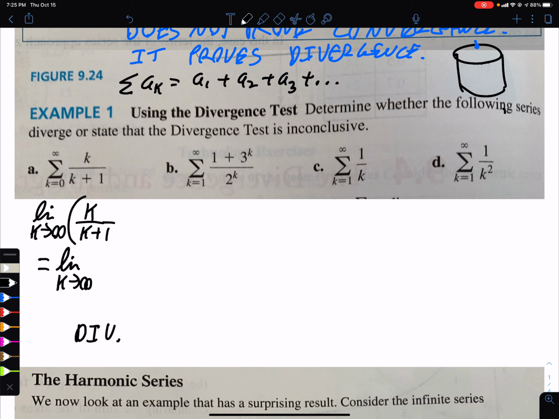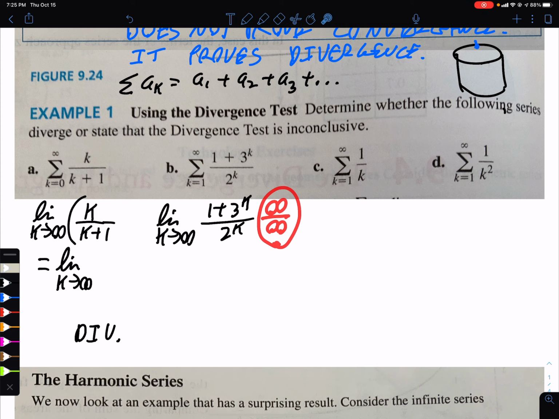This one's a little trickier. So we take the limit as k goes to infinity of 1 plus 3 to the k over 2 to the k. And you will see as k goes to infinity, you have infinity over infinity, which is indeterminate. So you have a tougher situation here. One thing you could try, you could try dividing by 2 to the k.